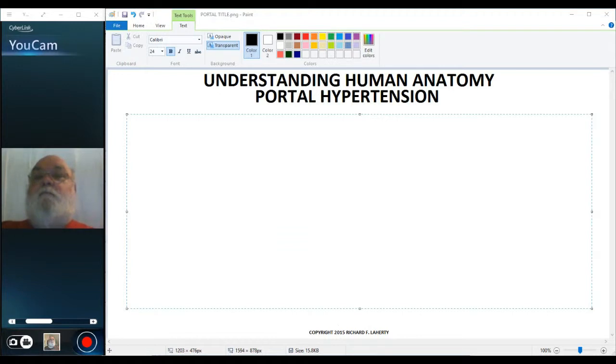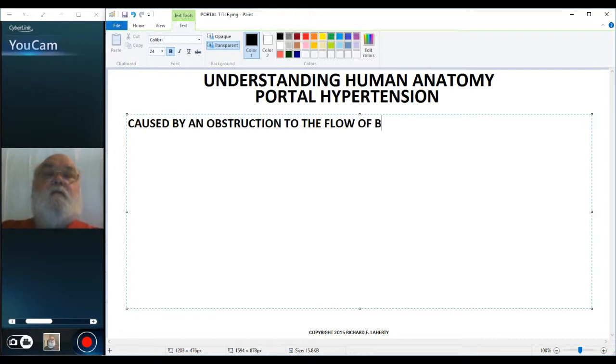As I said, portal hypertension is caused by an obstruction to the flow of blood through the liver.